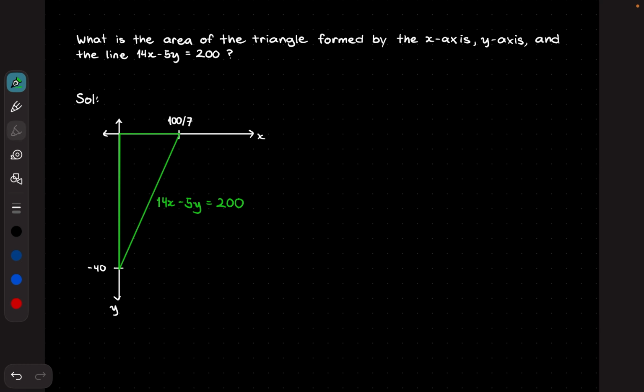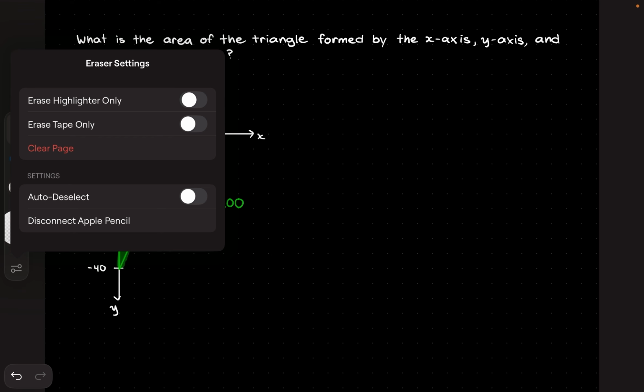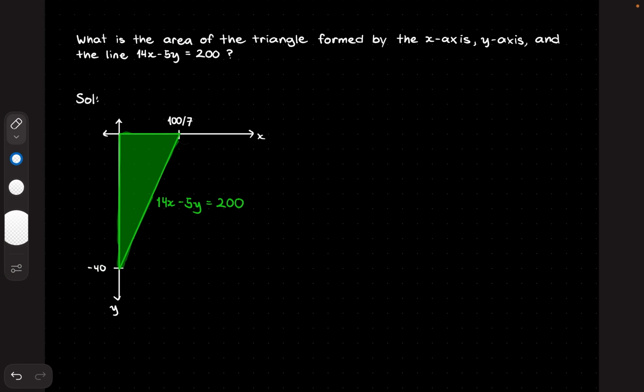Just to make our triangle nicer, let me color this one first. So there you go. I think the triangle now looks nicer. And then from here, we can now easily solve the area of the triangle.